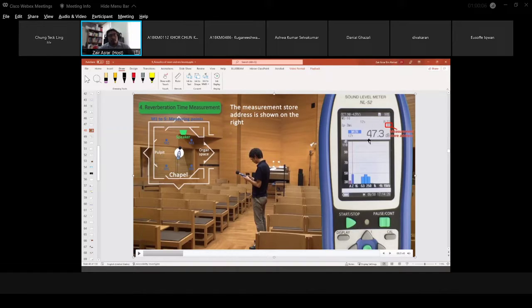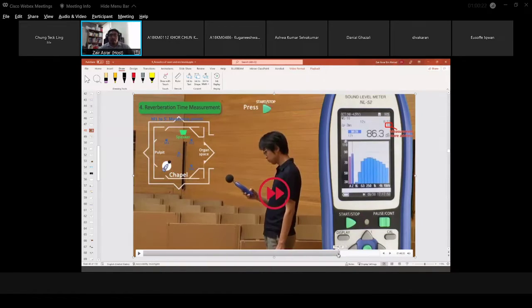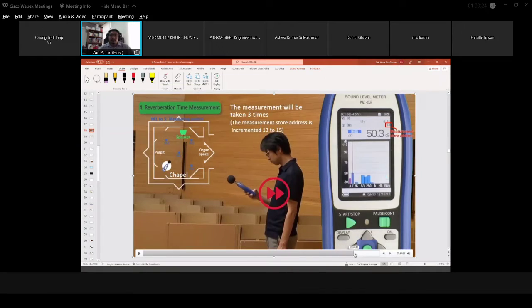As I mentioned earlier, the device itself will do the interpolation for you. We will do exactly the same thing at different locations, and based on multiple measurements, we will average the results.